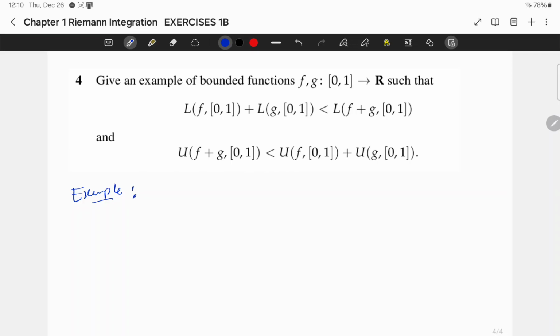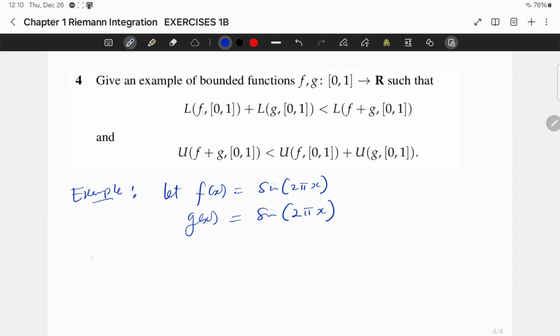Example: let f of x equal sin 2 pi of x, and then g of x equal cos 2 pi of x.